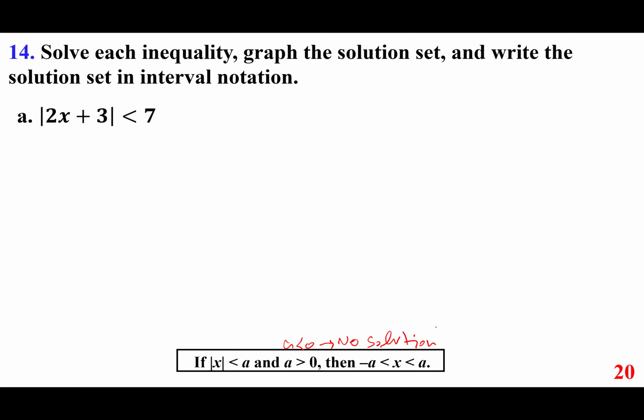All right. Sandwich between negative and positive 7. Get rid of 3. That means subtract 3 from all 3 sides. Left becomes -10, right becomes 4. In the middle, you have only 2x.